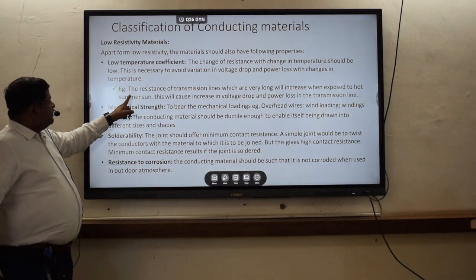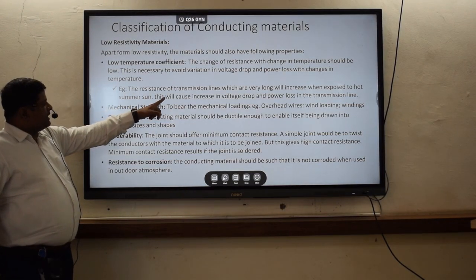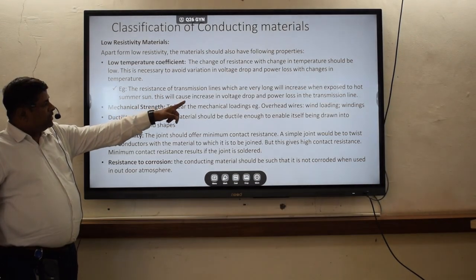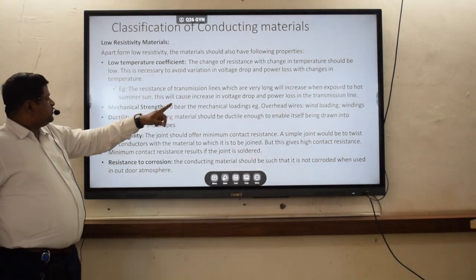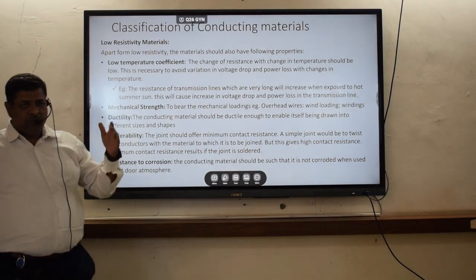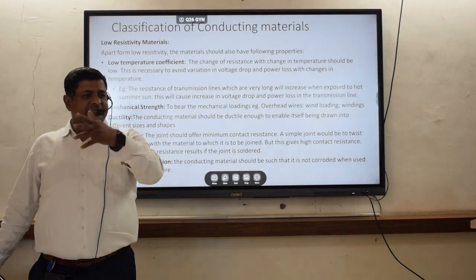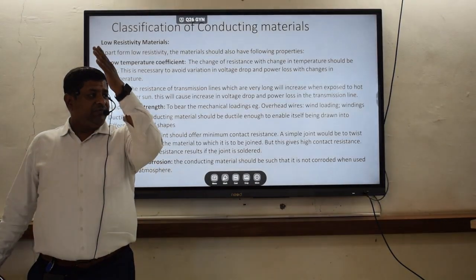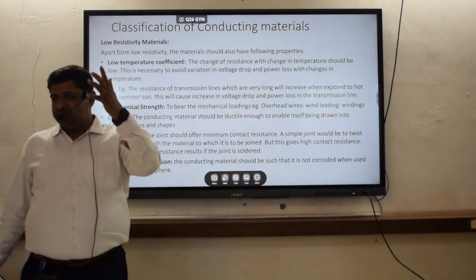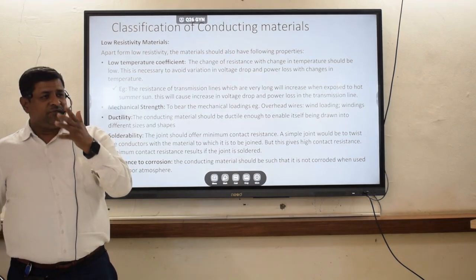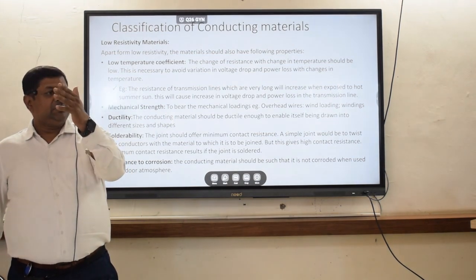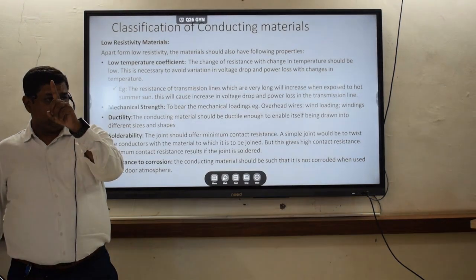Then they gave an example here. The resistance of a transmission line which is very long will increase when exposed to the summer sun. पुणे से मुंबई में power transmit कर रहा हूँ and nowadays summer days are there, with temperatures around 44-45 degrees. That temperature effect should not be there on that wire.